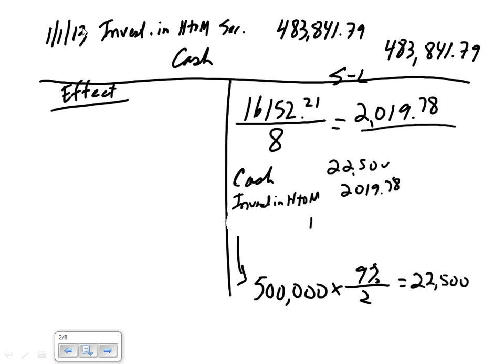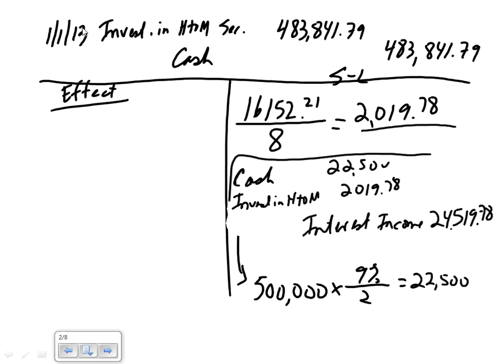And that means interest income is going to be $24,519.78 each period.